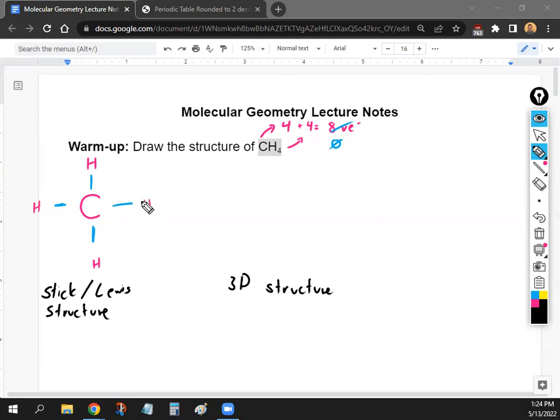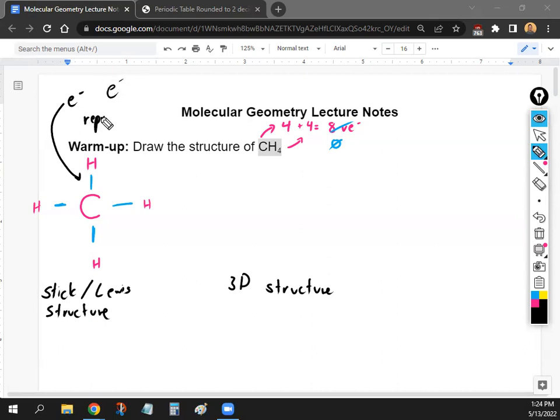Okay, so let me tell you guys what the 3D structure of this molecule is going to look like. If you guys remember, inside of these lines, these blue lines, these single bonds, we have electrons. Do you guys remember what electrons do to one another? They don't combine. If I have an electron next to another electron, what do they do?